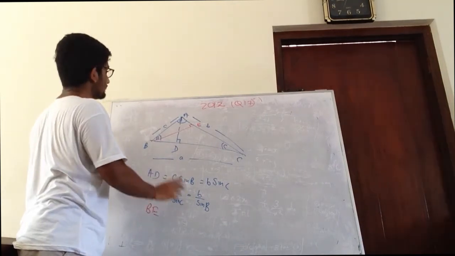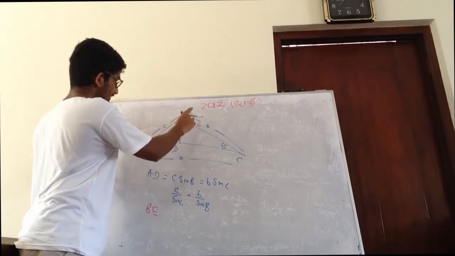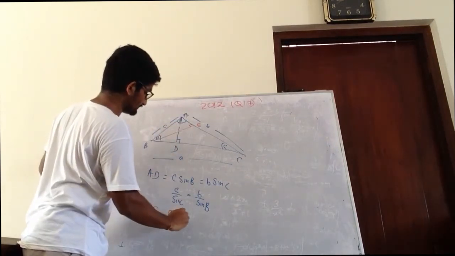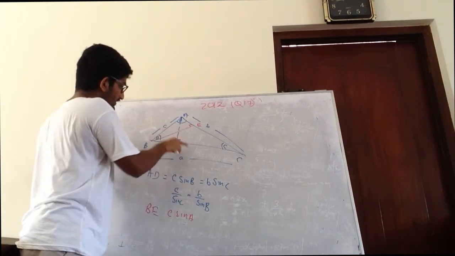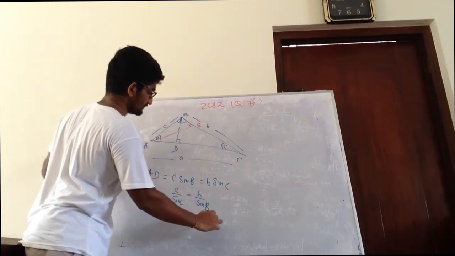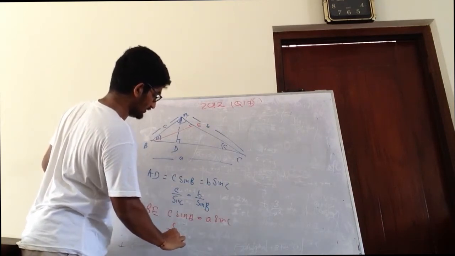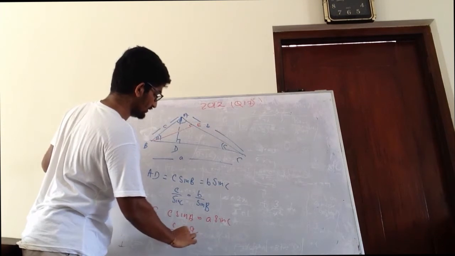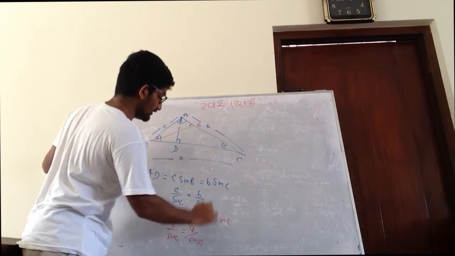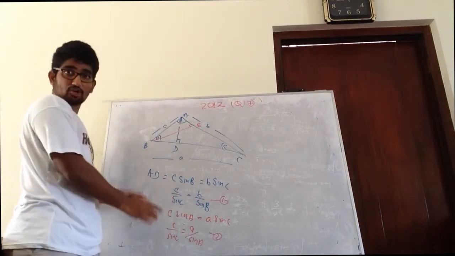BE can be written as C sin A, and also as A sin C. That means C over sin C is equal to A over sin A.